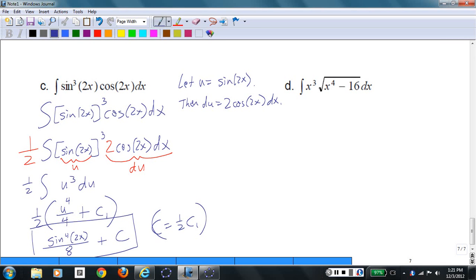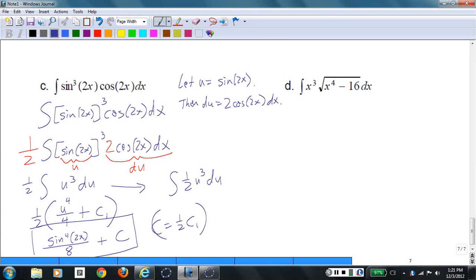Was that c necessary, that little last part of it? It's not necessary if you do this. If you just say this is the integral of 1/2 u to the 3rd du, that might be what we're all more comfortable with. If you leave the 1/2 on the inside, an antiderivative would be 1/2 u to the 4th over 4, so that's 1/8 u to the 4th.